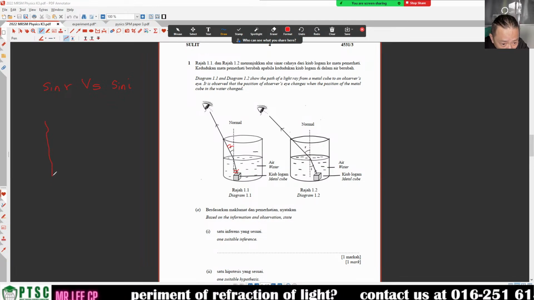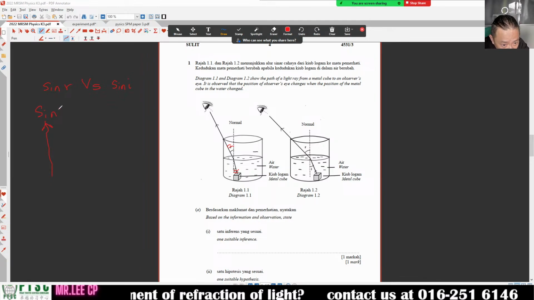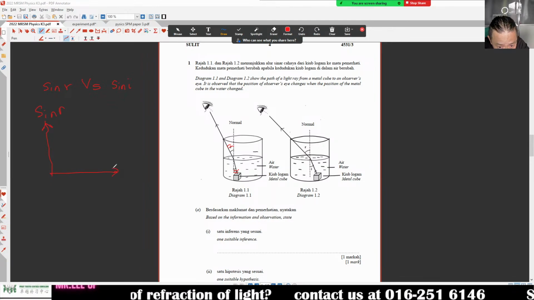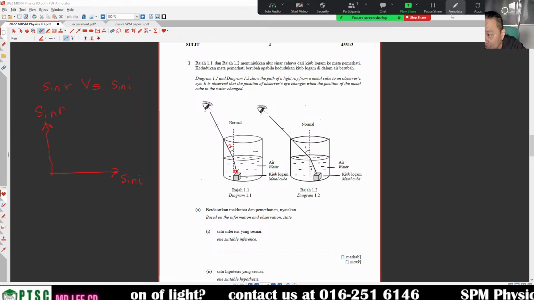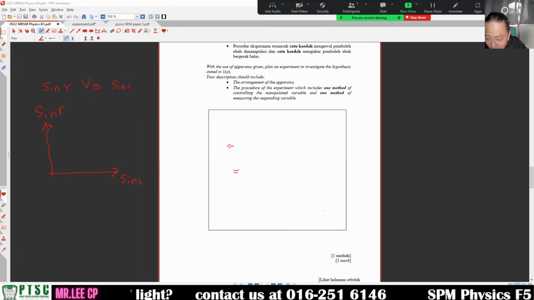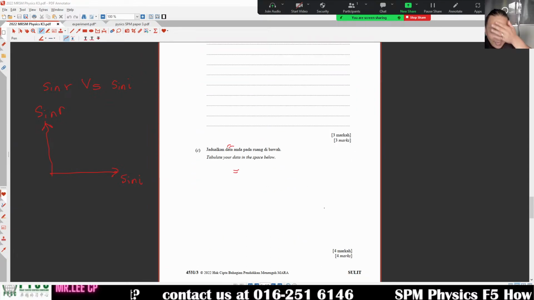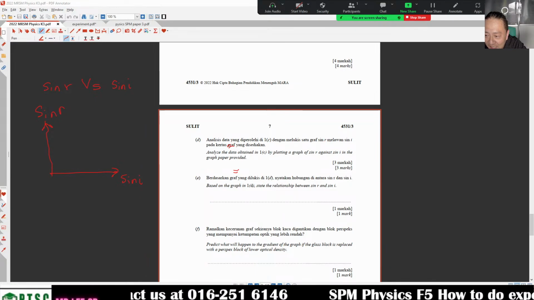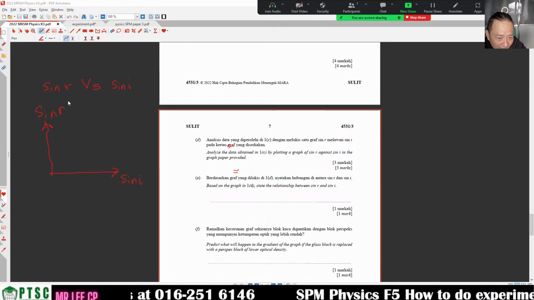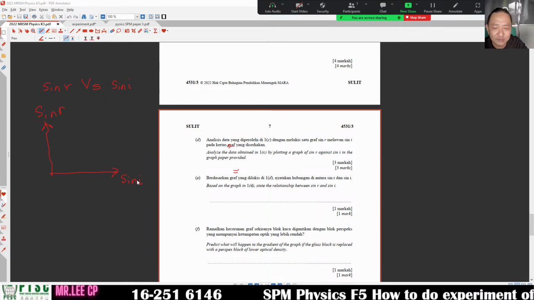So your y-axis will be sine R, here will be sine I. You see? I cross my eye, I know what they want to ask. Use the graph, plot sine R versus sine I. They have to ask me this way.